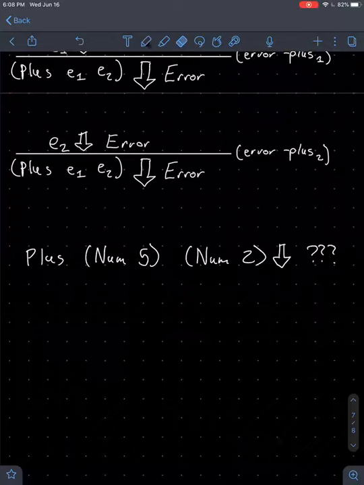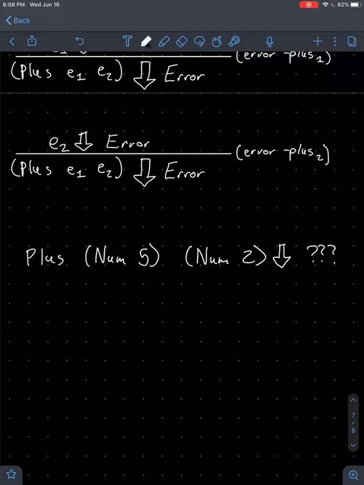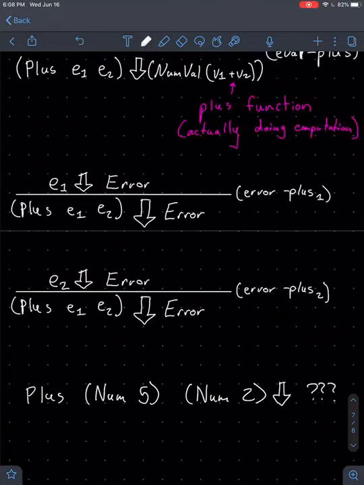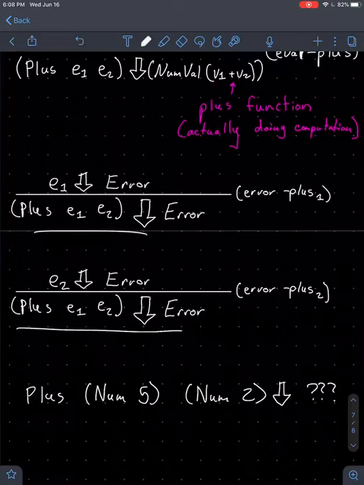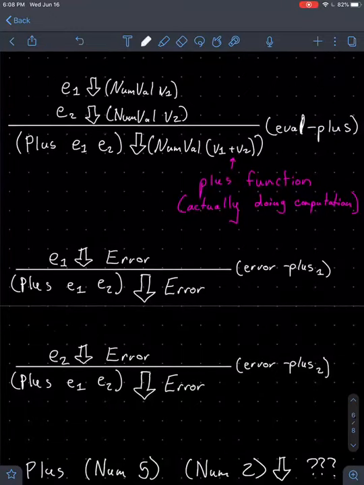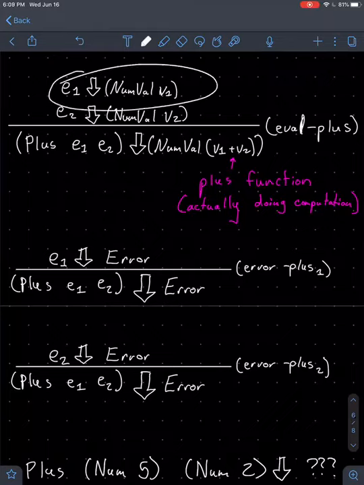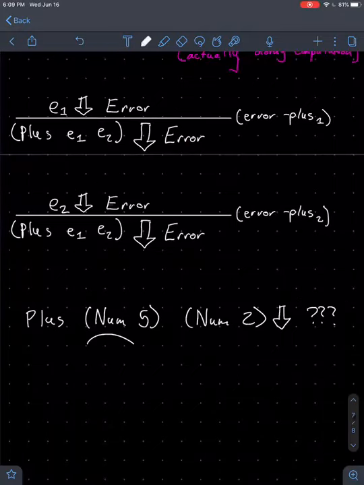So how do we evaluate this piece right here? Well, we can go look at the rule for plus. What does plus evaluate to? We know plus will evaluate to error, or numval v1 plus v2. How do we figure that out? Well, we can start looking at the premises of the rules. E1 evaluates to numval. So now I need to start looking at the inner expressions. What does num5 evaluate to?